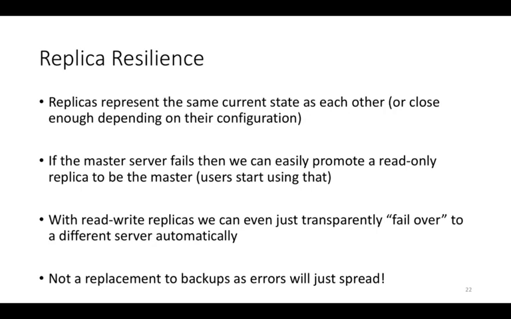So we can keep the network up even if one or more of the servers has failed. If they're read-write replicas, we can transparently fail over. We don't even need to change it. We can just change which connection the users are using in order to connect through to it. So it's dead simple as it goes along.